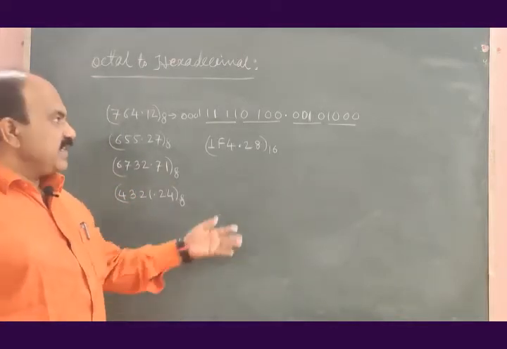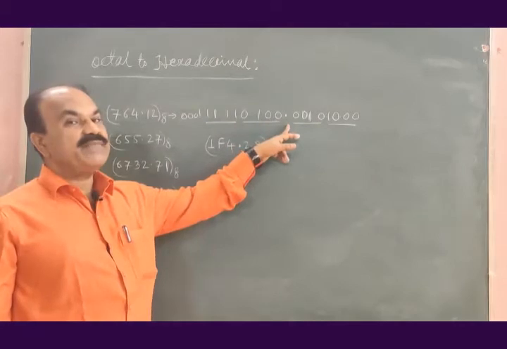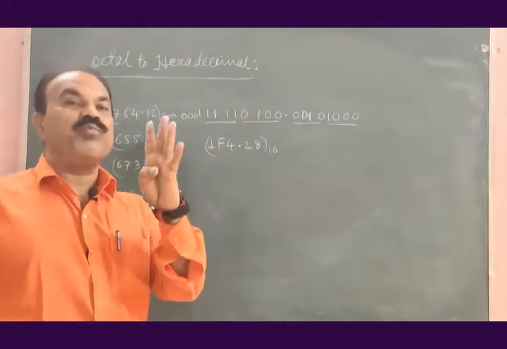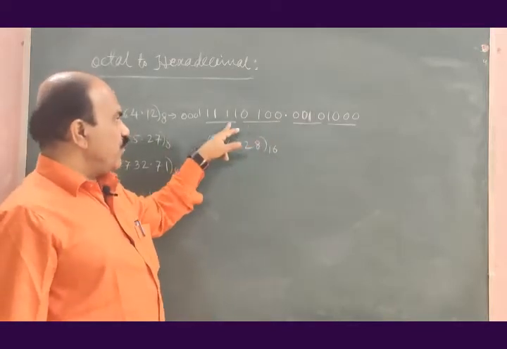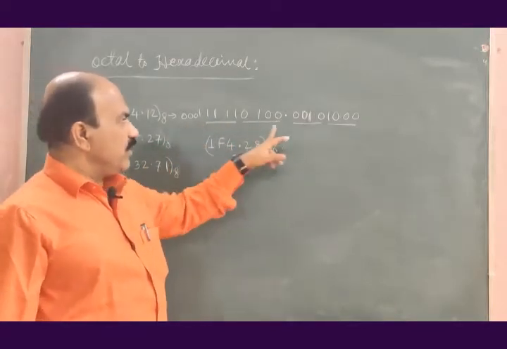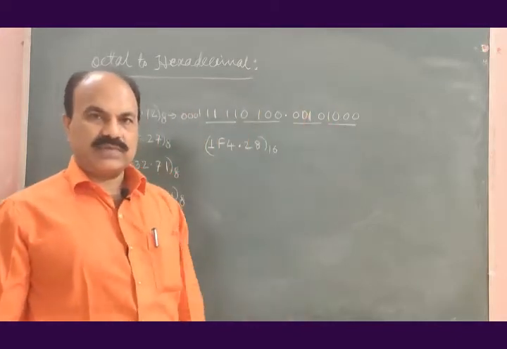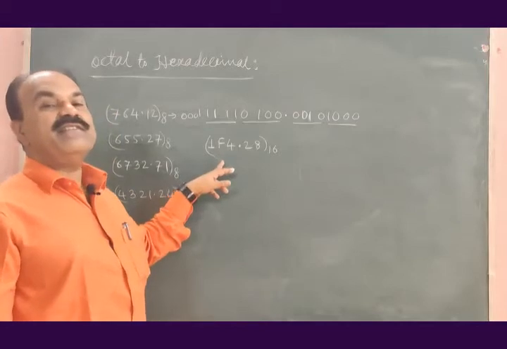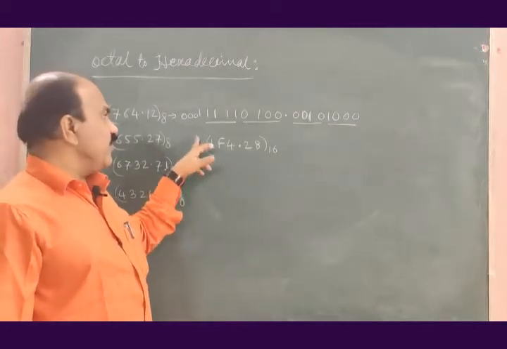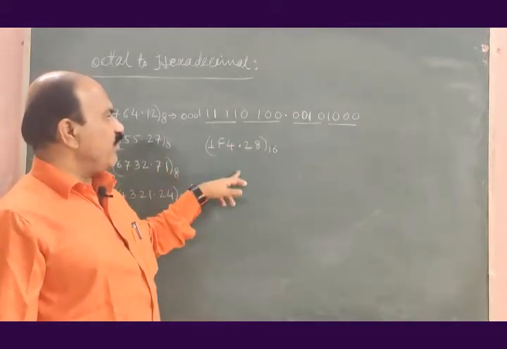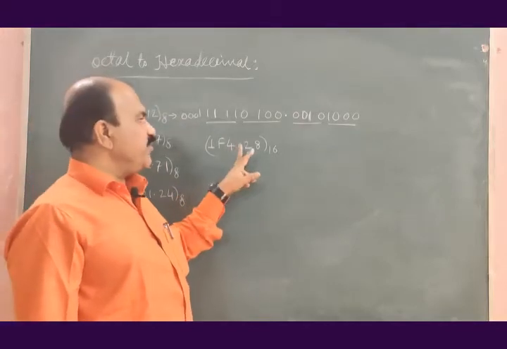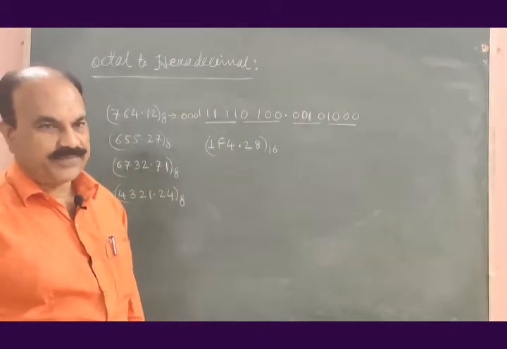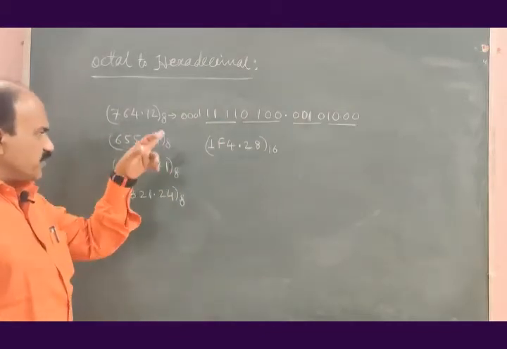After that, starting from the binary point, the bits are regrouped into groups of 4 bits, and each group of 4 bits is replaced by the equivalent hex digit. So we get 1F4 hexadecimal point 28. It is in the hexadecimal number system. We have done the first. Let us go for the second.